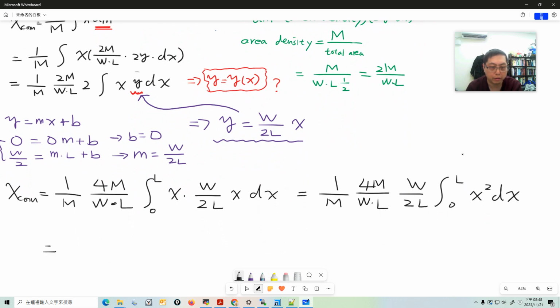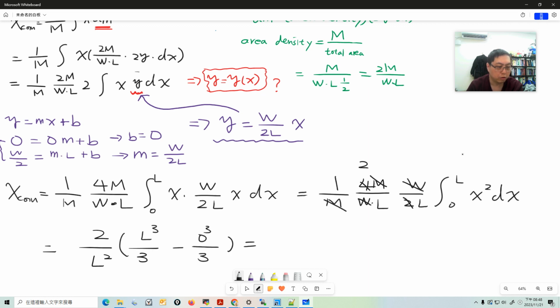And it's very easy. So let me factor out and cancel this 2. So this will become 2 over L squared. And this integration is L cubed over 3 minus 0 cubed. So L squared times L cubed over 3.